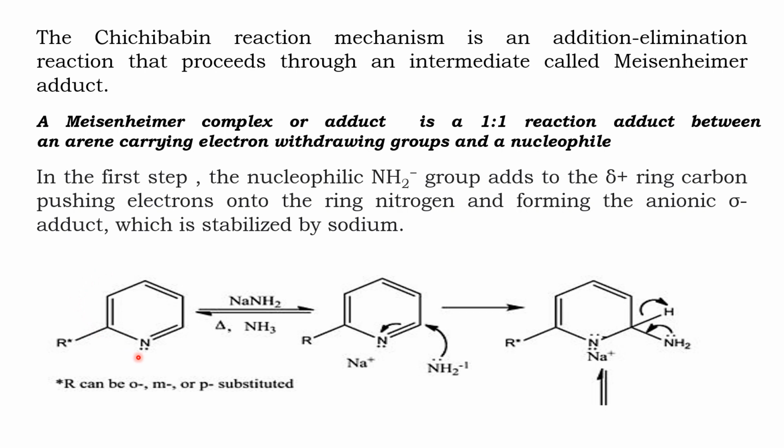So this is an arene having an electron withdrawing group here and it is combining with NH2 minus, which is a nucleophile, to form an adduct. So the reaction proceeds due to the formation of this Meisenheimer adduct.